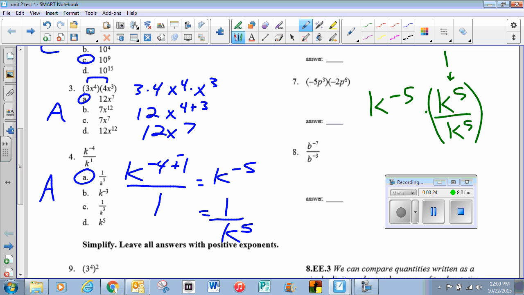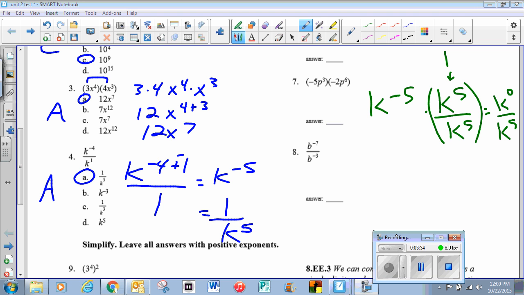What happens when I multiply that out? I get k to the negative 5 plus 5 is k to the 0 over k to the 5th. What is anything to the 0 power? 1. Oh. That's why when it's in the numerator and we put it under 1, it makes it positive. That's the math to show. Pretty cool, huh? Yeah. I think so, Nathan.